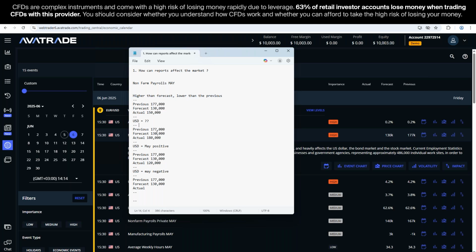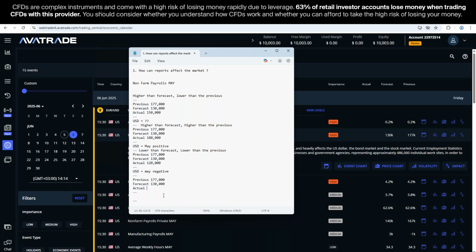This one will be higher than the forecast, higher than the previous, and in here we had 120, which is lower than both, lower and lower.